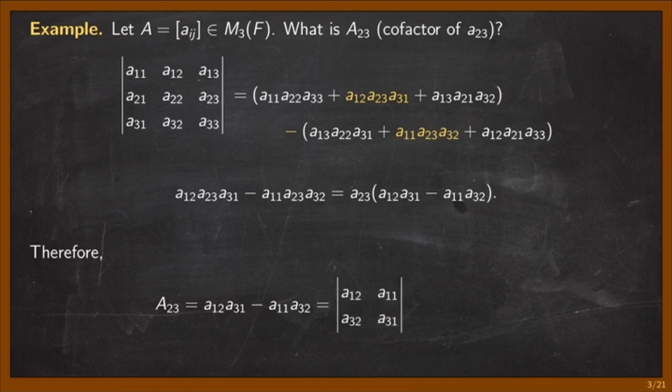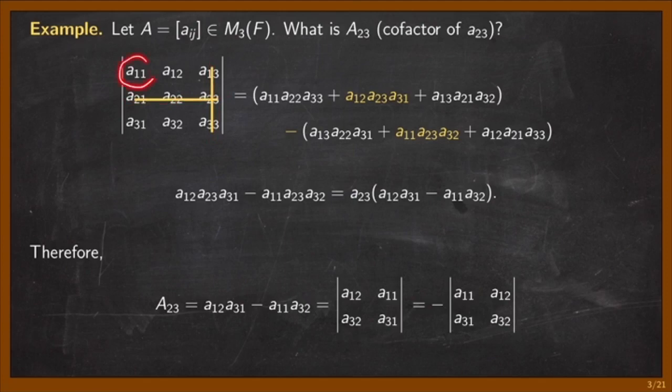Observe that this is actually a determinant of a 2 by 2 matrix. And this determinant, if we try to interchange the first and the second column, we get the following. Why did I interchange? Because as you can see, this determinant is the determinant obtained by deleting the entries from the second row and the third column.